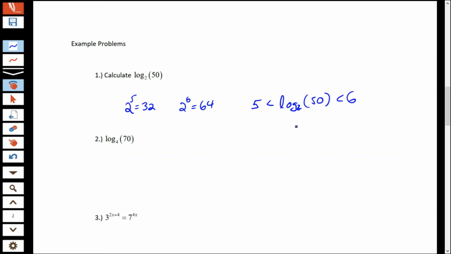Now I know I showed you on the graphing calculator that there is a log base in the math section. However, if you don't happen to have that or you can't seem to find it, we can always calculate this using, say, natural log. Put natural log of 50 over natural log of 2. That'll give you the value.